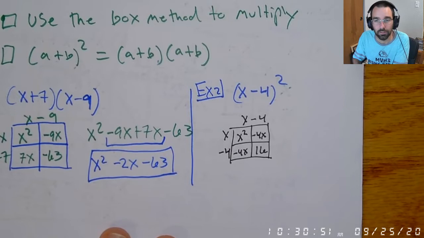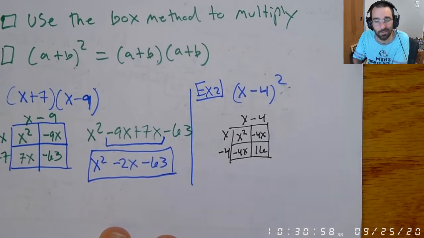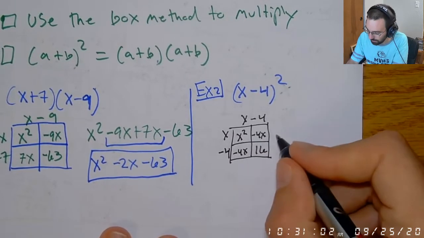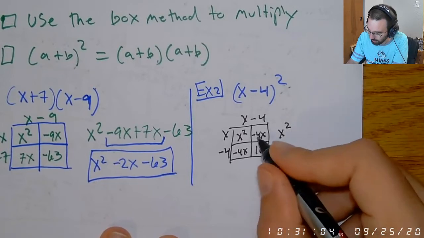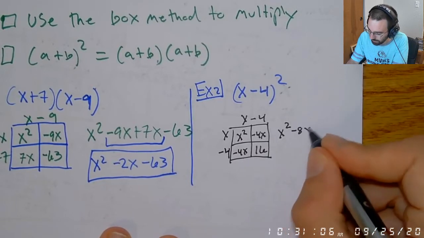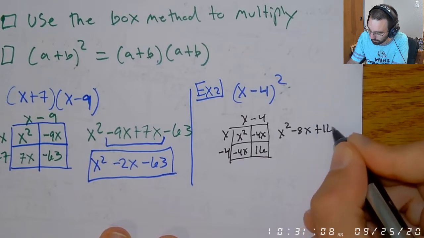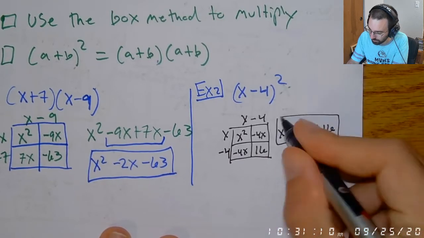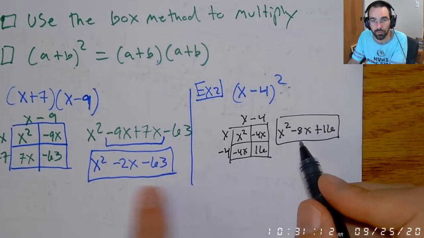Again, you can use the calculator to help you out there. Never get arithmetic wrong. The calculator is your friend. And you're going to get a calculator on your midterm, and on all your homework. So I'm going to add these together. I get x squared. Now I'm going to have negative 8x and positive 16. So in this case, notice how I combined them before I wrote it down.